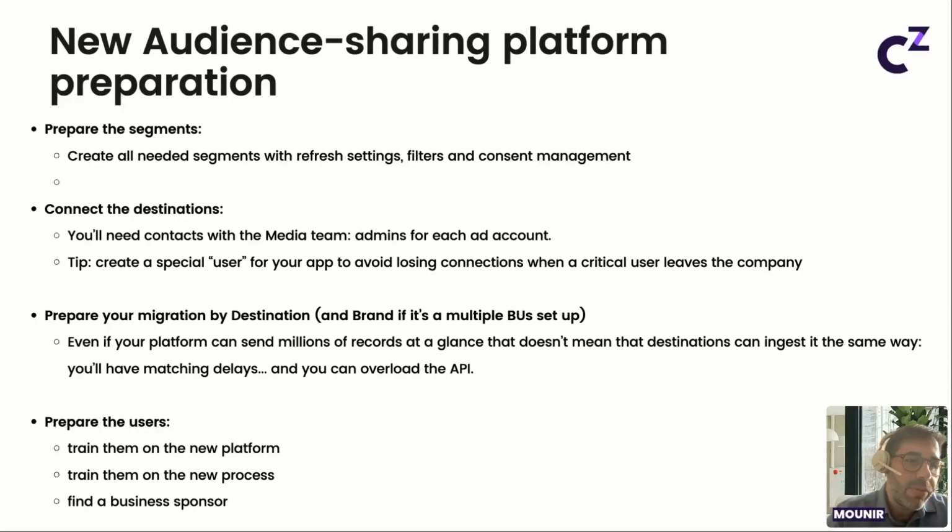If I take the example of Facebook, it ingests files by buckets of 10,000 records. Google, by buckets of 100,000 records. So they'll ingest different files when you send your 3 million contact population, and it will take some time to completely populate the custom audience within the destination.